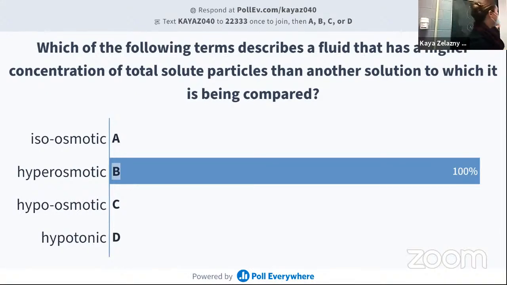We could have made some more confusing answer choices, I'll give you that. And remember that tonicity, that last one, would refer only to impermeable solutes, so like only to things like ions, whereas when we're talking osmolarity, we're also thinking about potentially things that are permeable, like urea was one of our examples.